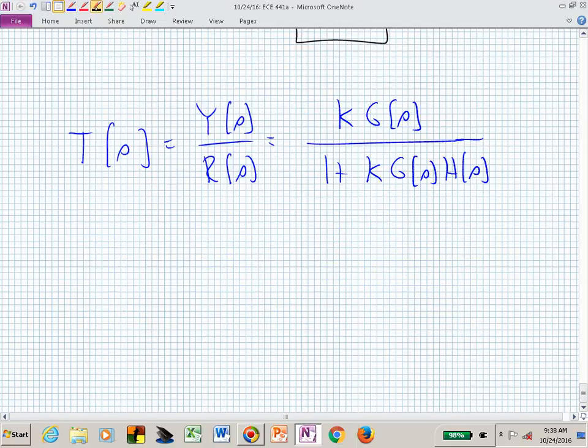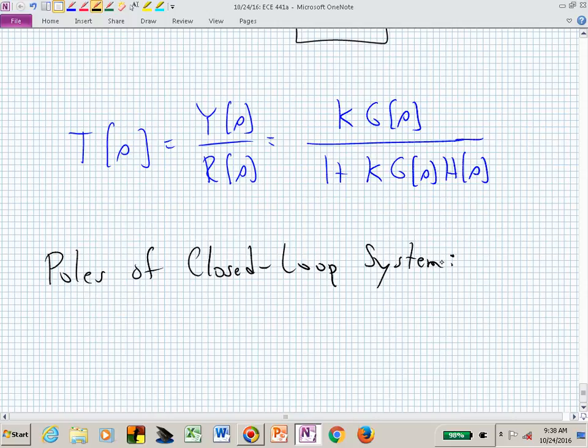In that structure of our closed loop transfer function, the poles of the closed loop system are influenced by what piece of that transfer function? Or they are determined by the values of s that satisfy what equation? If I wanted to find the poles of my closed loop system, what values of s would give me my closed loop poles?